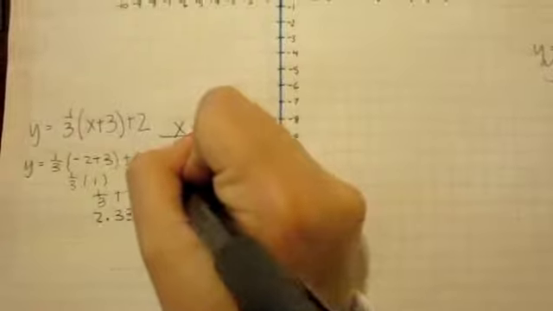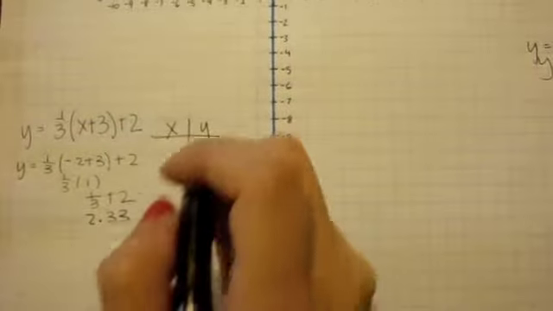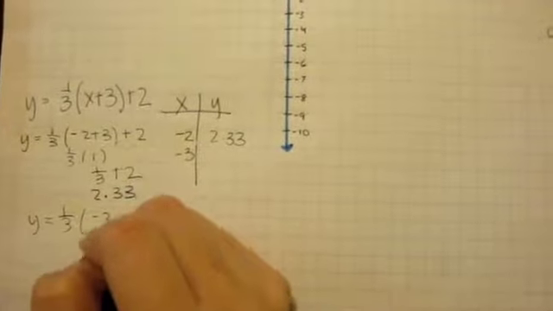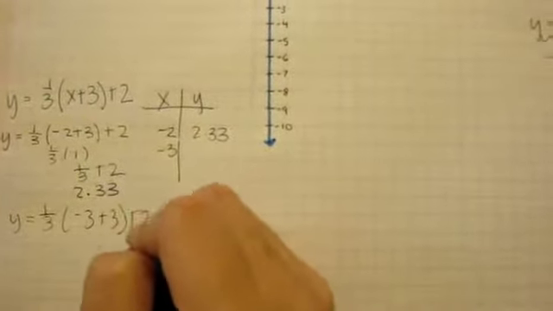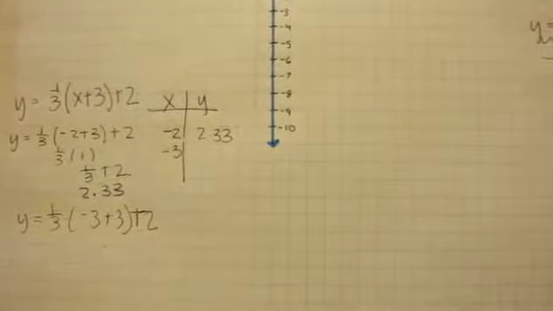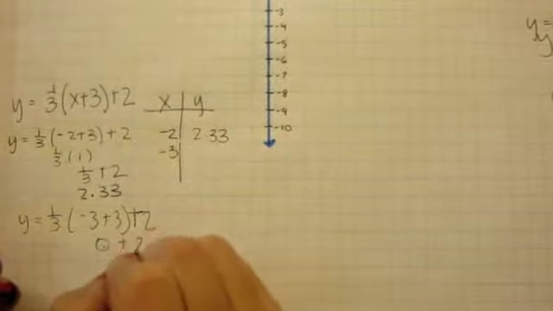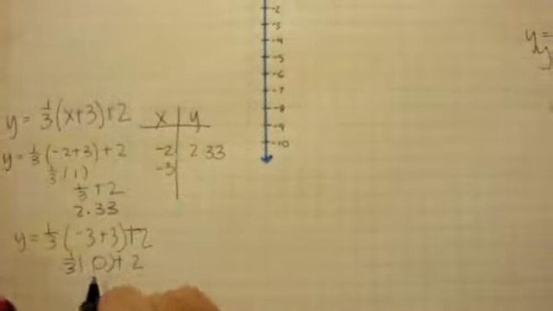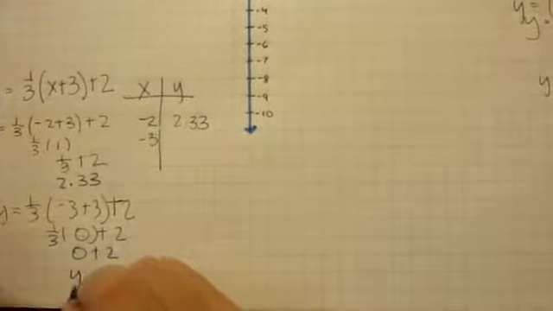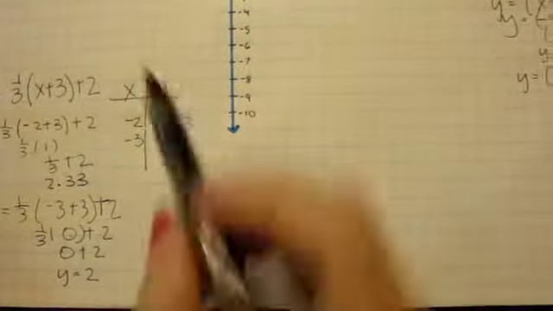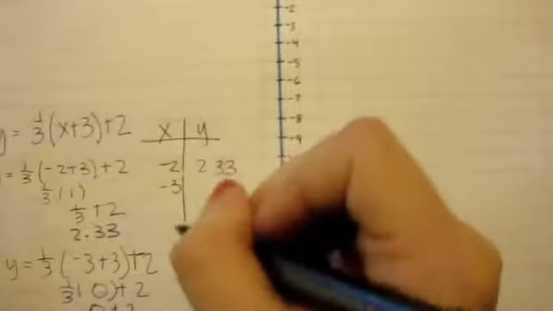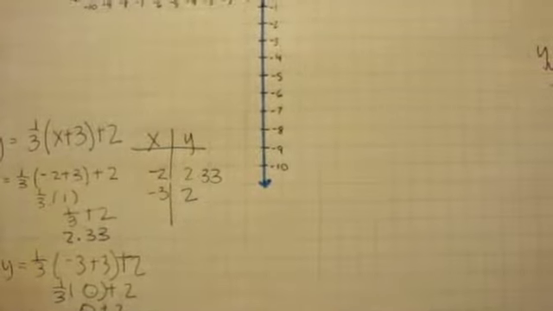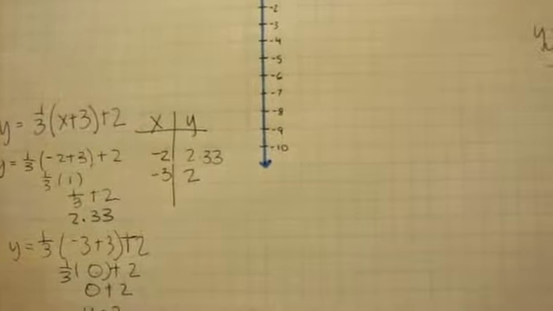And then I can use negative 3 also. And then y equals 1/3 times (negative 3 plus 3) plus 2. So then negative 3 plus 3 is 0, times 1/3 is 0, plus 2 equals y equals 2. So when the x value is negative 3, the y value is going to be 2. And you can plug those points, or you can use 0, 2.